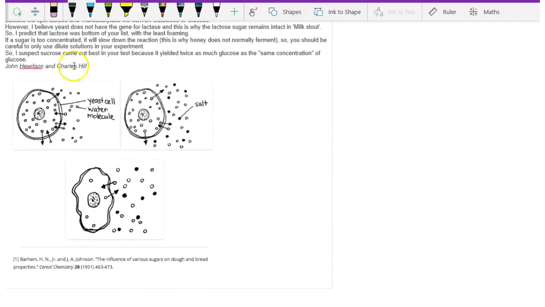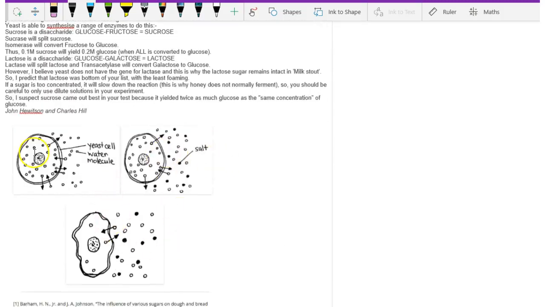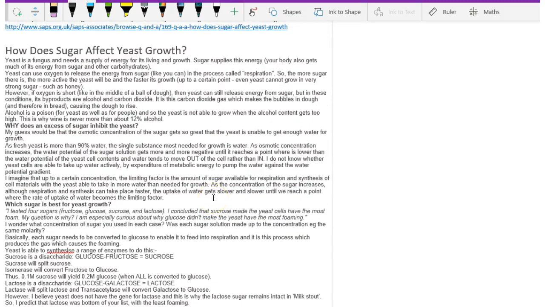Here's a picture of what may happen to cells if you have them in a solution that has either too much sugar or too much salt in it. It actually ends up with the water being sucked out of the cell. Well, it's not very productive if the cell is being sucked dry because it's got too much dissolved sugar around it. So they were the things that you were actually investigating.